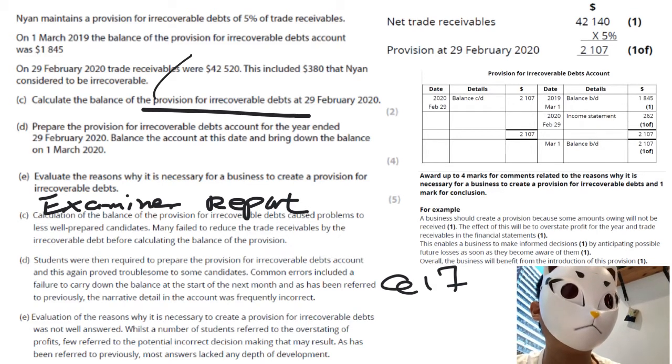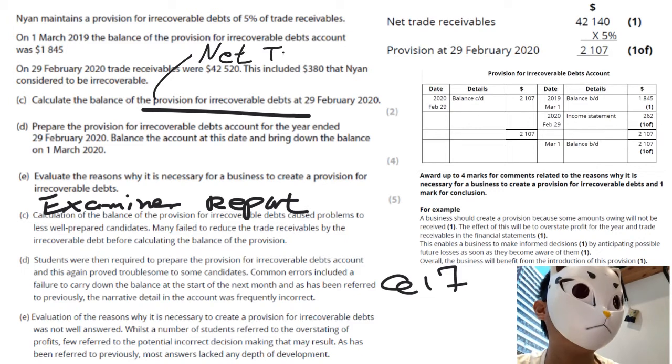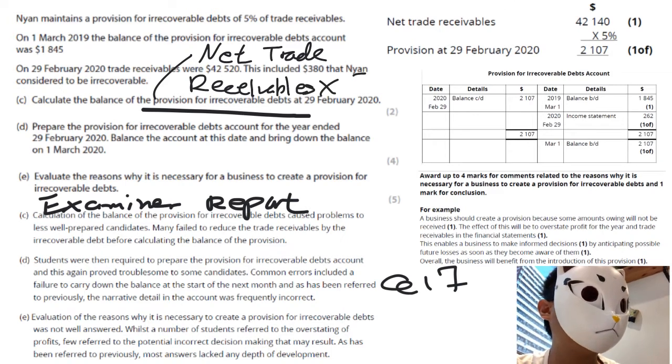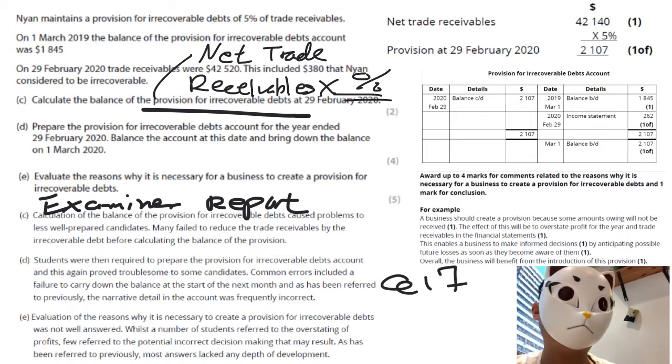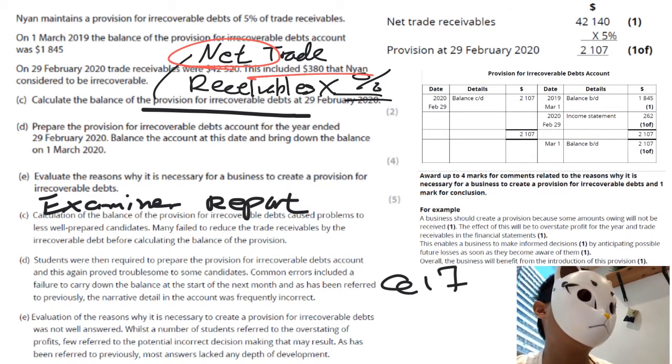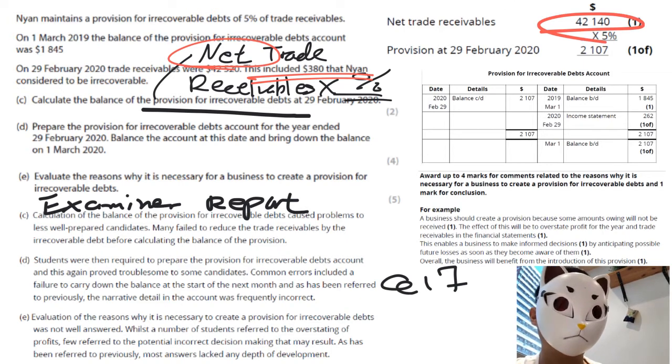The formula would be net trade receivables times the percentage given. Net means you have to deduct the bad debts before you do it. So this one is 42140.